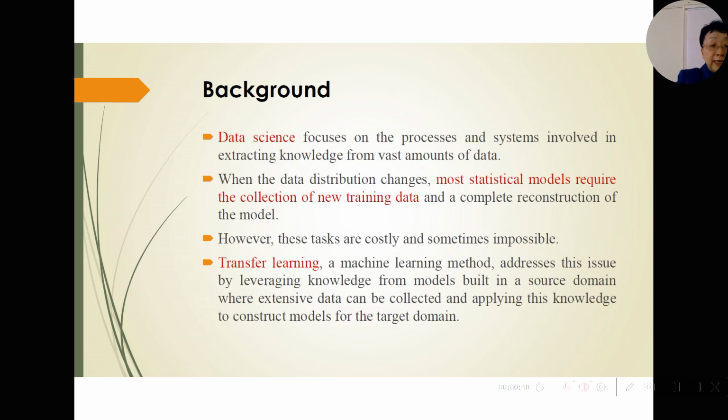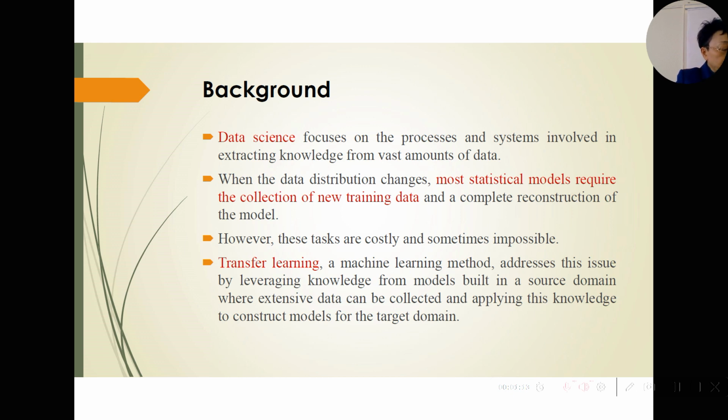Data science focuses on the process and the systems included in extracting knowledge from vast amounts of data. Many machine learning methods assume the training data are collected from a similar feature space or distribution as that for the target domain.